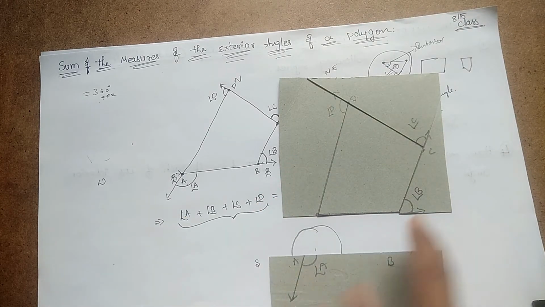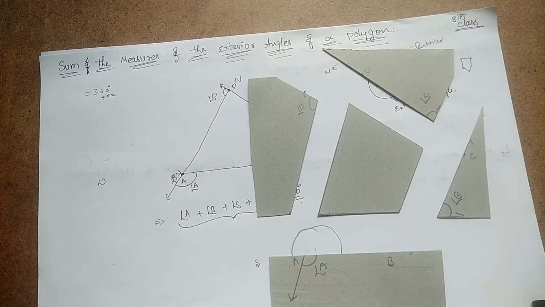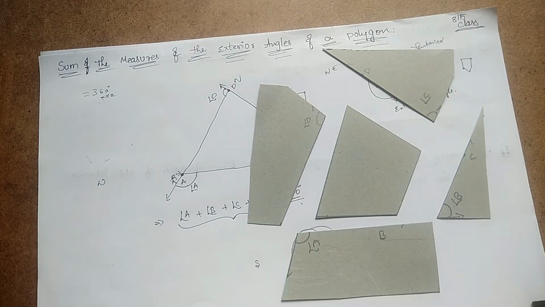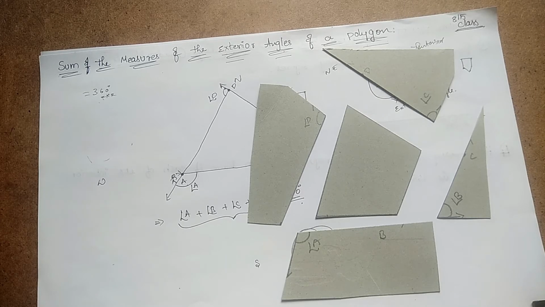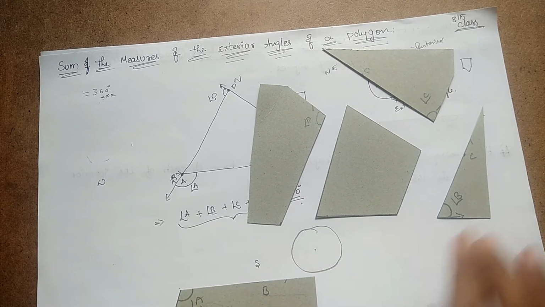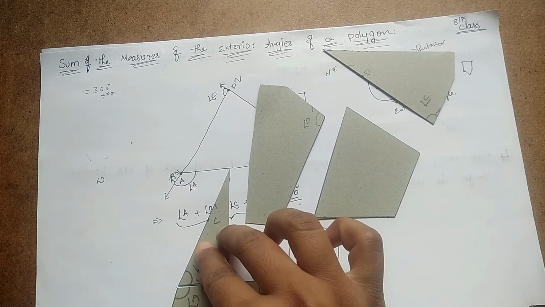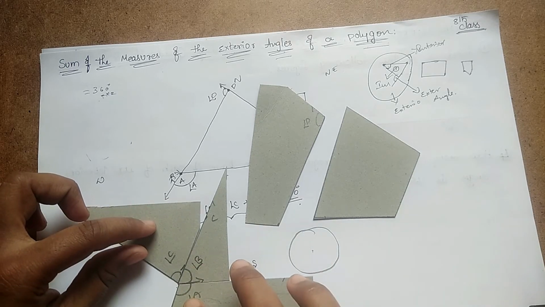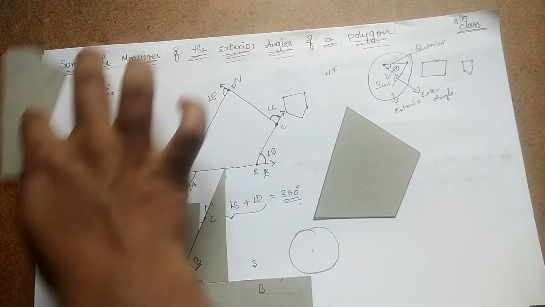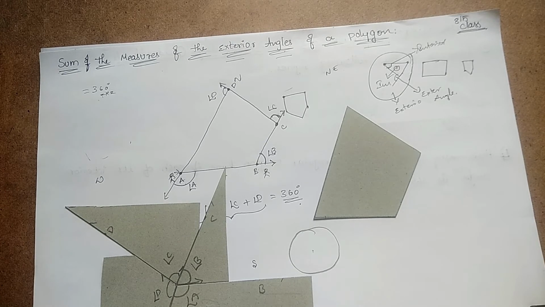This is angle A, this is angle B, this is angle C and this is angle D. Now I am going to add all the angles together at a point. This is angle A, next angle B, then angle C, and finally angle D. This was simple, right?